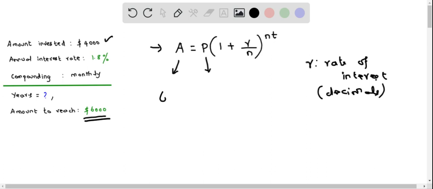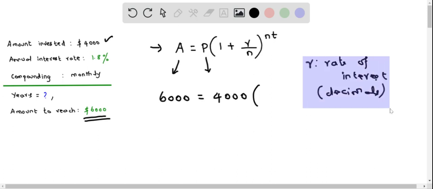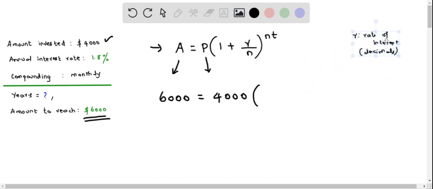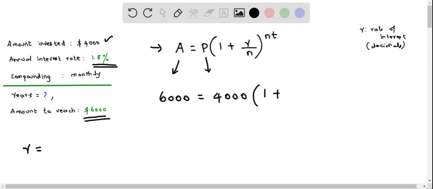So in place of A, I plug in 6,000, and this equals amount invested, that is P, I plug in 4,000, and this has to be multiplied with 1 plus r. r is 1.8%, but let's convert this to decimal. So 1.8%, and this equals 1.8 divided by 100. So this equals 0.018.